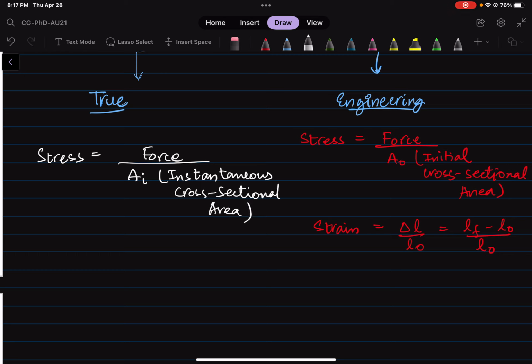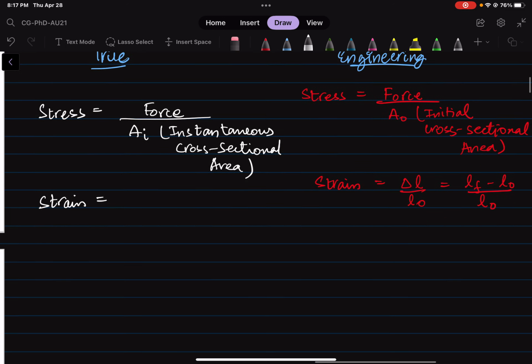And then you could have a strain that is given as the ln of L instantaneous divided by L naught. So the formula becomes different.